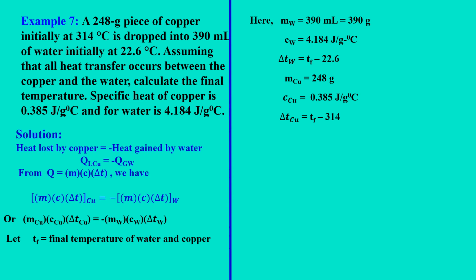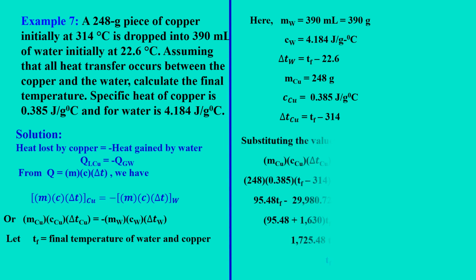The mass of copper is 248 grams. The specific heat of copper is 0.385 joules per gram per degree Celsius. And the expression for the delta T of copper is the final temperature minus its initial, or TF minus 314.